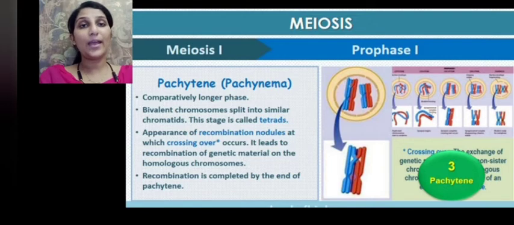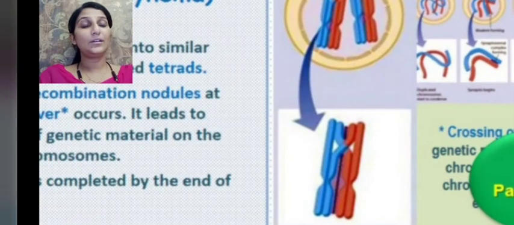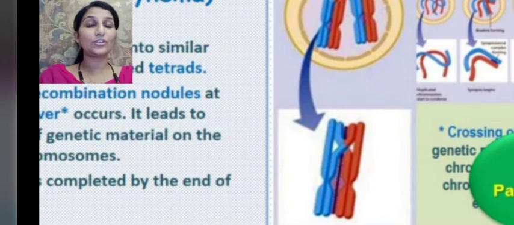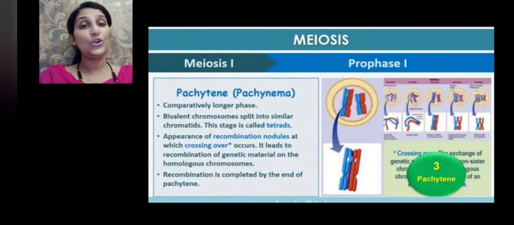When there is an exchange of genetic material between the non-sister chromatids, here the arms of the blue chromosome and the red chromosome can be referred to as non-sister chromatids, this process is called crossing over.